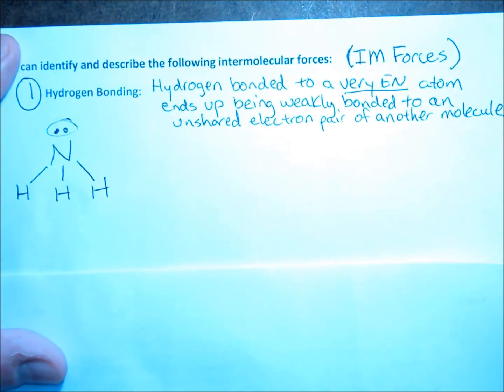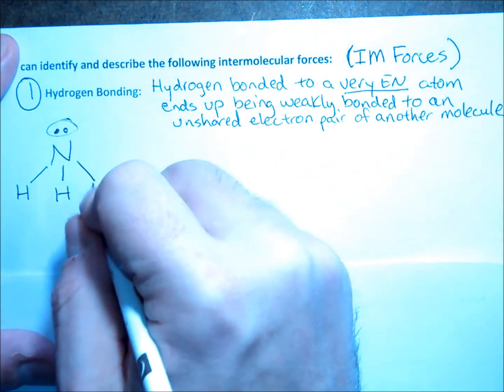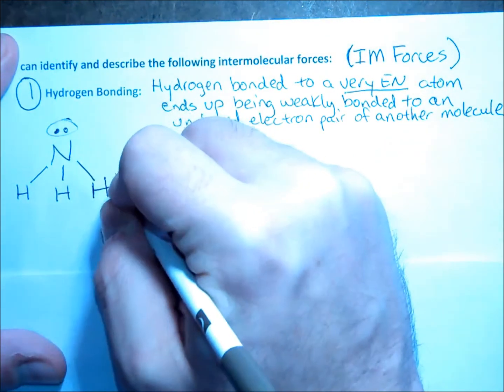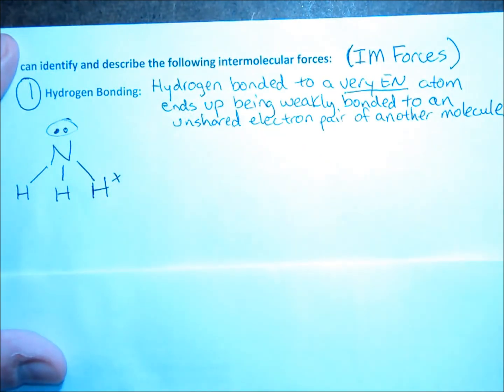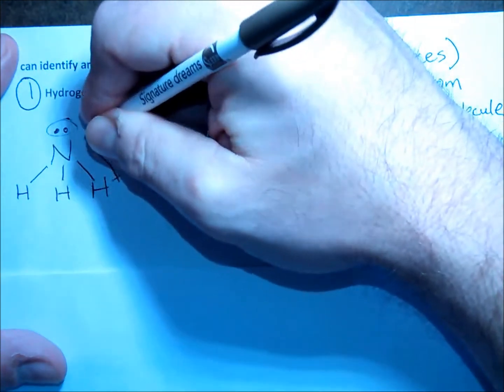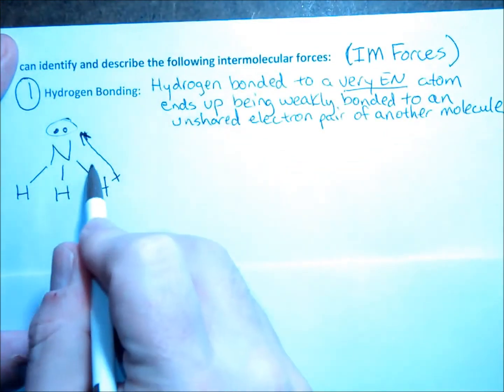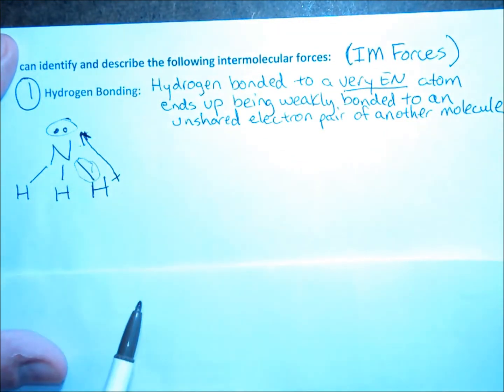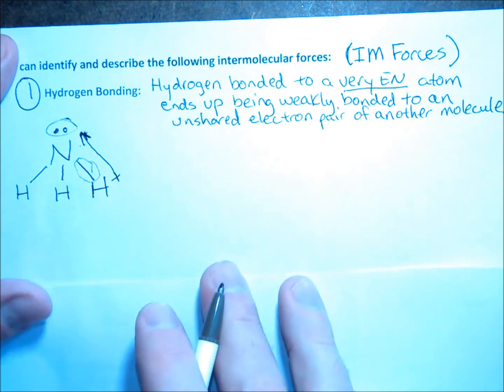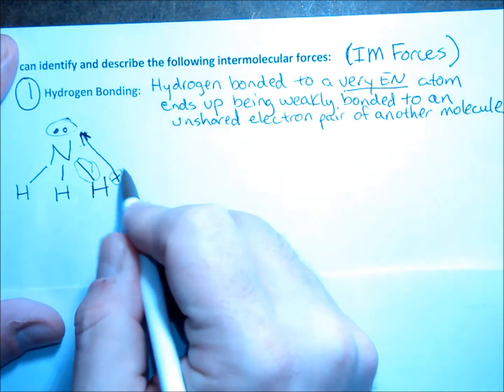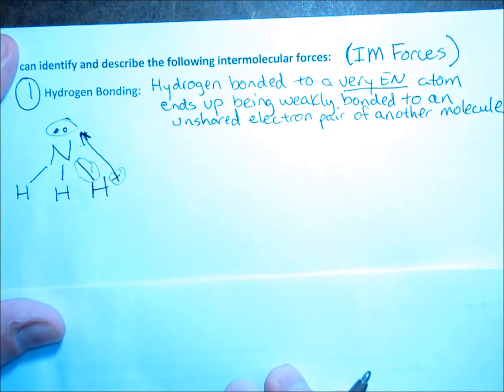What happens with each of these bonds is the hydrogens become partially positive because the nitrogen is much more electronegative. The electrons in this bond hang out more by the nitrogen and not at all really by the hydrogen, and so hydrogen has that partial positive charge.